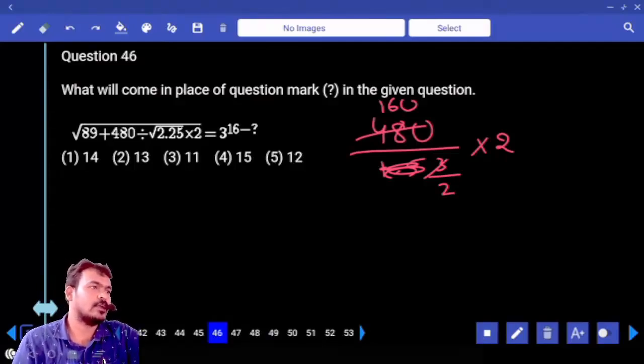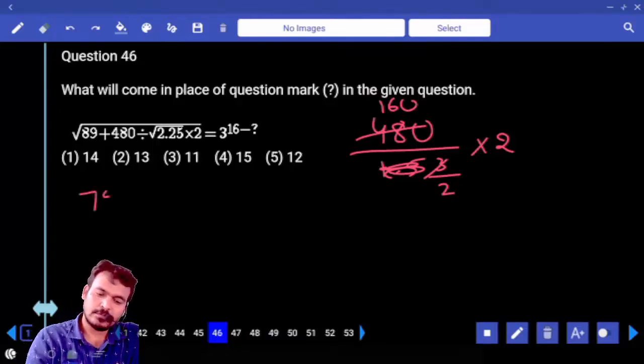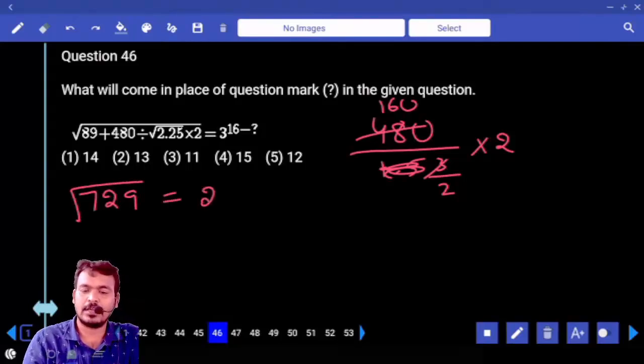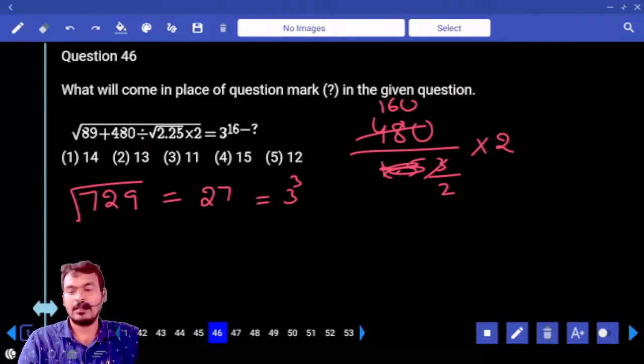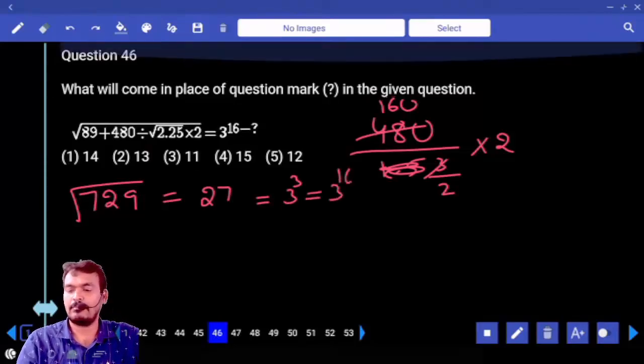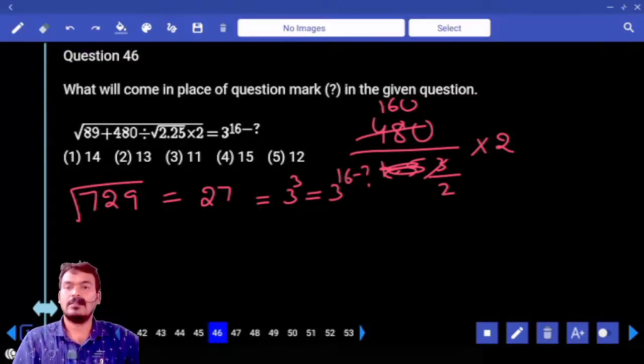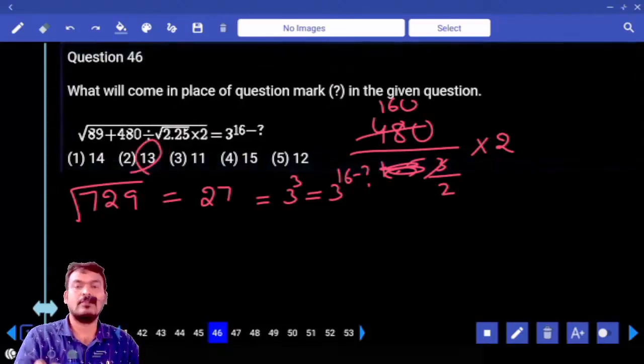The square root of 729 we are getting 27. 27 means it is 3 power 3, equal to 3 power 16 minus something. Then something value is 13.